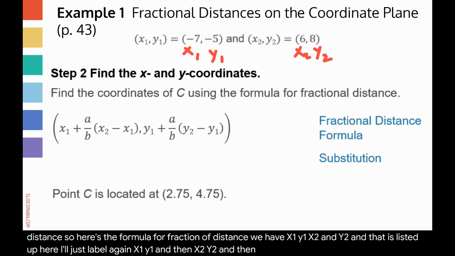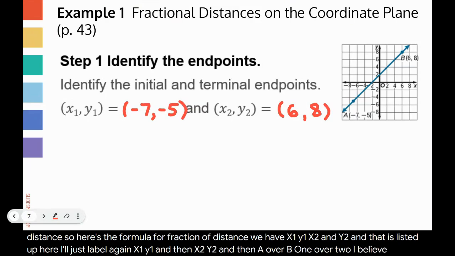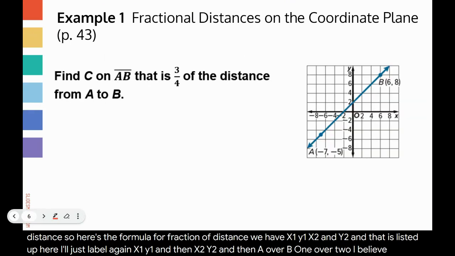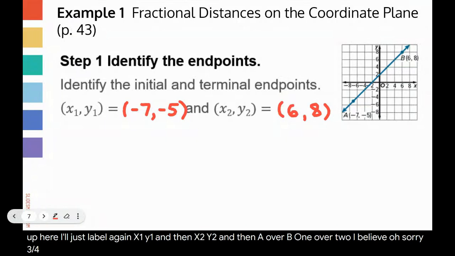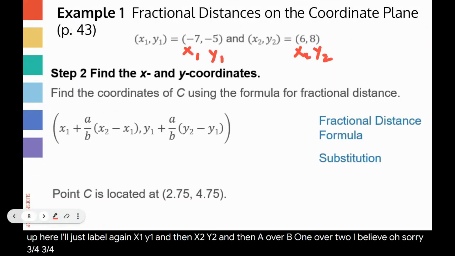And then a over b is, let's see, oh sorry, 3/4. So a equals 3, b equals 4.